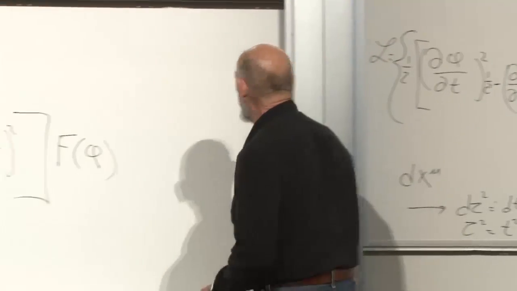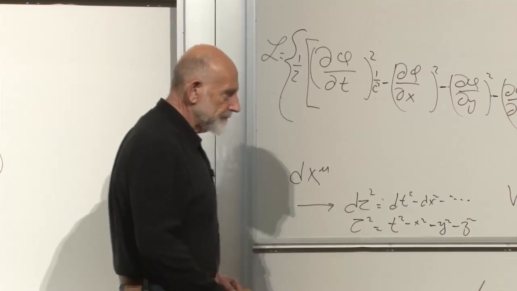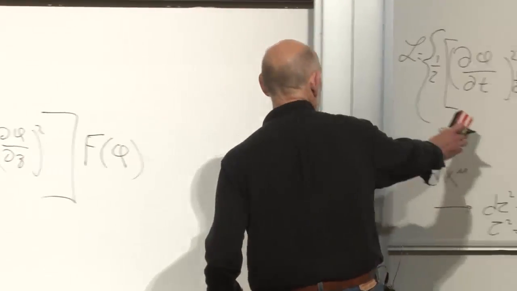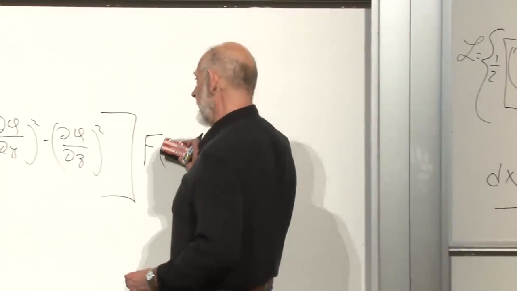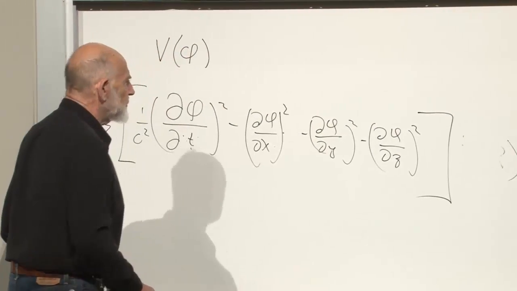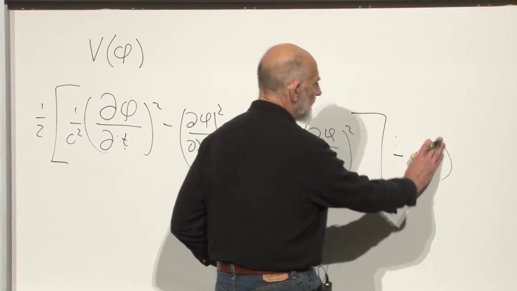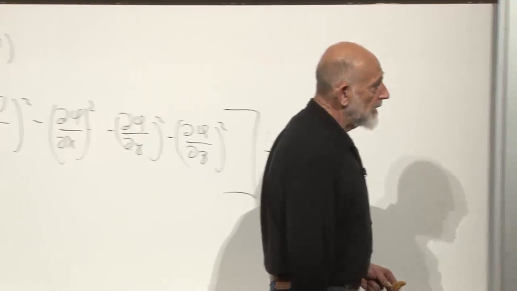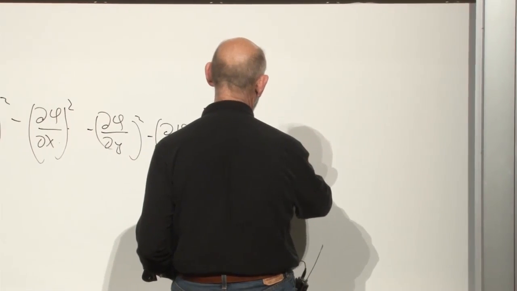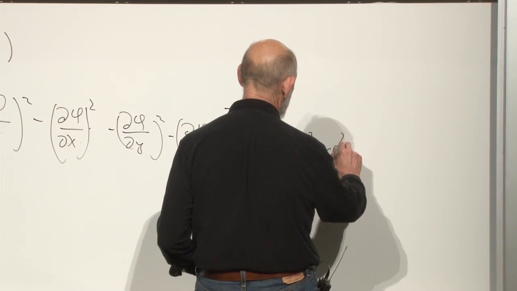All right. So the example that we'll focus on will be this one over here. I'm going to write it over again over here. I'll leave the c there for the moment, minus, let's take mu squared over 2 phi squared.